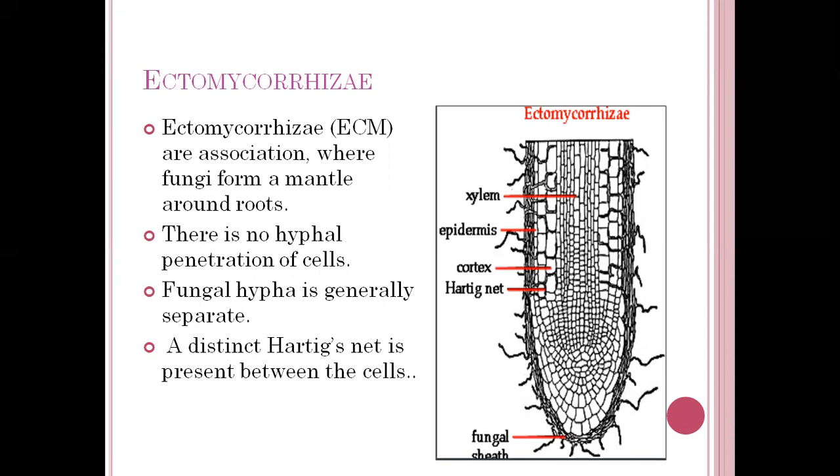There is no hyphal penetration inside the cell. So there is a difference between endomycorrhiza and ectomycorrhiza. In endomycorrhiza, the hypha penetrates inside the cell wall and forms coils inside the root cells, whereas in ectomycorrhiza, the hypha does not enter the cell and does not form coils inside the cell. Instead, there is a mantle around the roots.